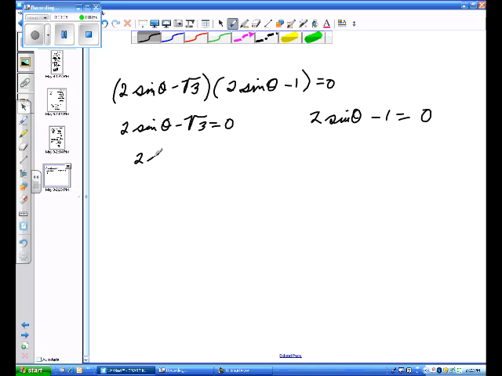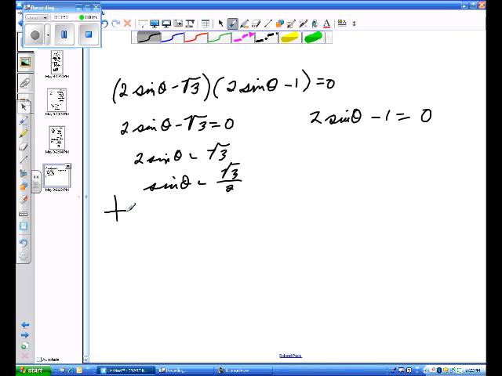Adding the square root of 3 and dividing by 2. Okay, so we're wanting to know what angle has a sine of square root of 3 over 2. We know that's 60, which in radians is pi over 3.